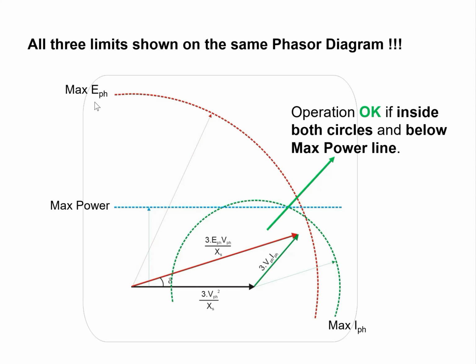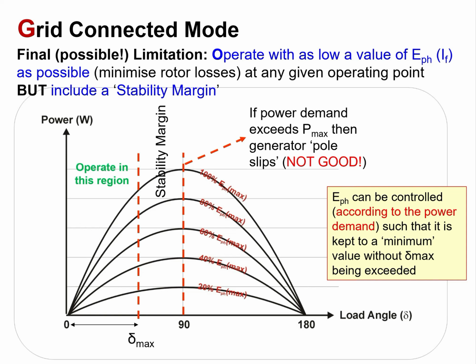Due to these limitations, there will be a maximum excitation voltage that can be obtained and a maximum power that can be delivered. So the operation of the generator is always kept inside these two circles in order to produce a maximum current or a maximum power. So a good operating strategy could be controlling the excitation voltage according to the power demand.